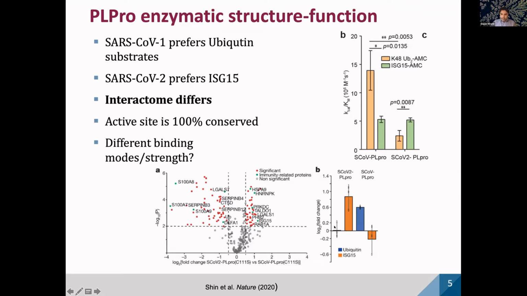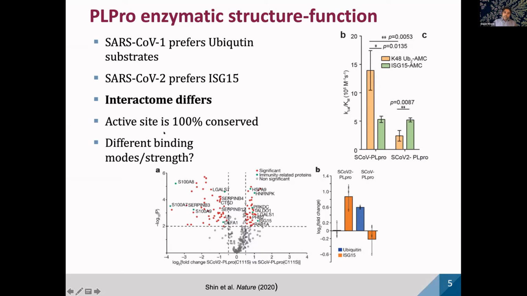So you can see here that the amount of ISG15 that is pulled down by SARS-CoV-2 PLpro is significantly higher compared to SARS-CoV-1, where there is a depletion of ISG15, in contrast with ubiquitin, where SARS-CoV PLpro is going to pull down ubiquitin, meaning that it's going to bind to very different proteins, and that is dictated by its binding to ubiquitin and ISG15.